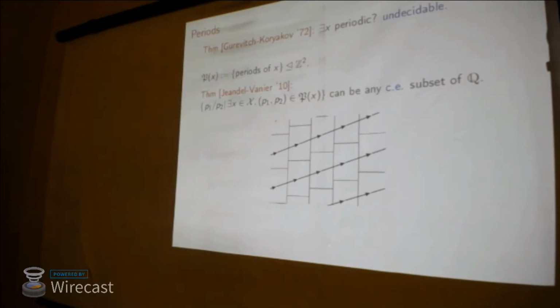So we forget about the configurations which have two periods. I said before that if there is one, there are other configurations which have two, but still there are ones which have one, and we are interested in these ones.